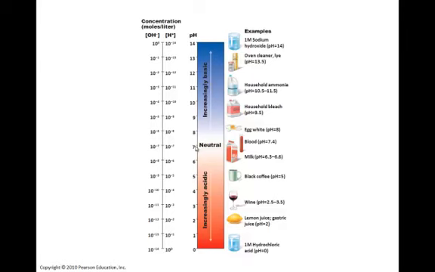If you're going down from 7 to 6, you're increasing the amount of hydrogen ions you have by a factor of 10. Each jump you do, you change by a factor of 10. So if we're going from a pH of 7 to a pH of 6, we have 10 times more hydrogen ions in a pH of 6 than we did in a pH of 7.